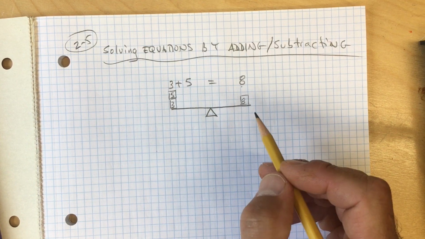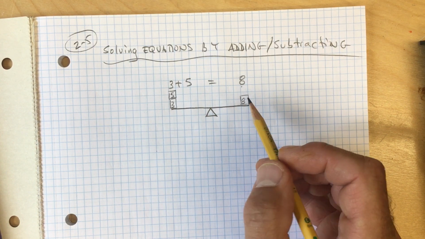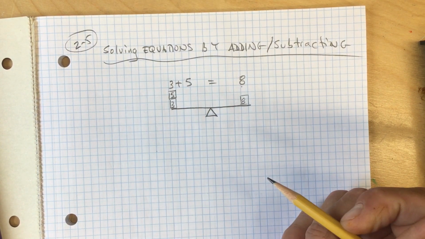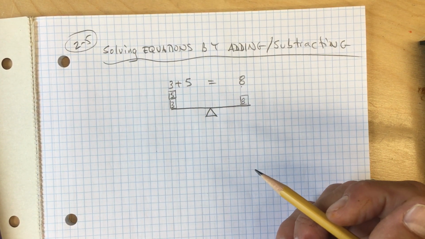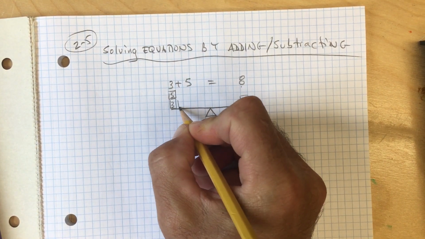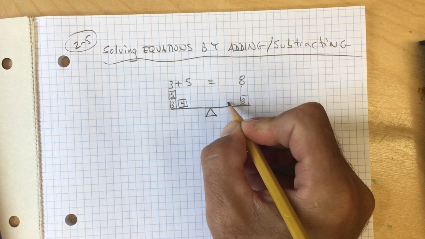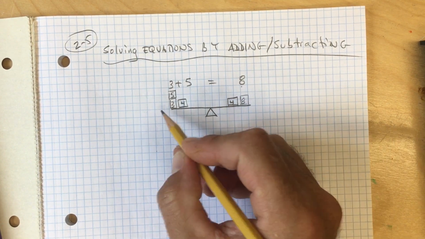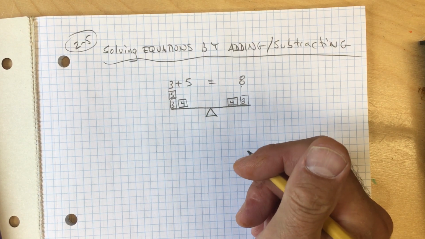Now, when we solve equations, we are going to attempt to keep the teeter-totter, or the equation, balanced. For example, if we add the same amount of weight to both sides, the teeter-totter stays balanced.